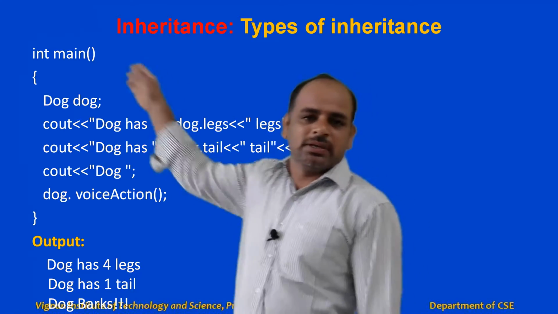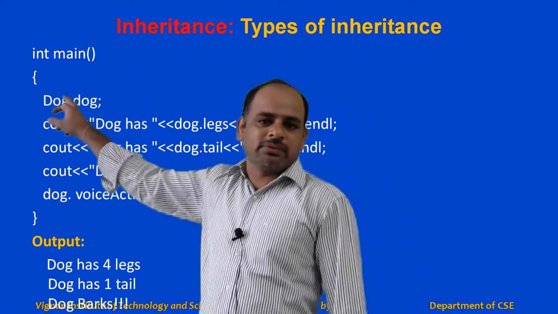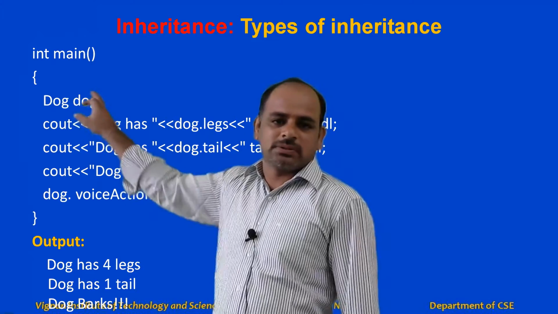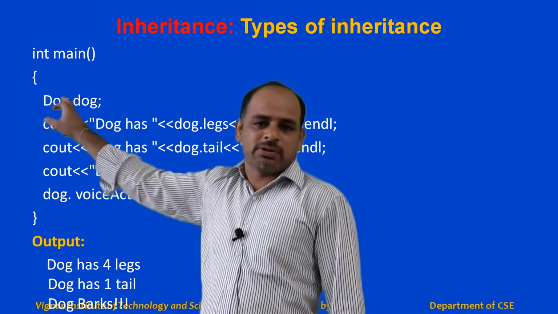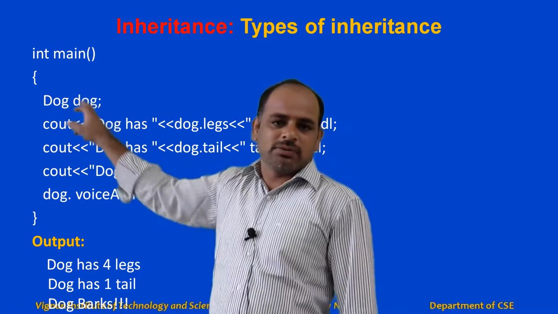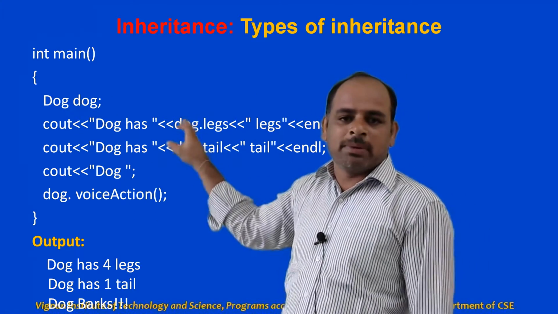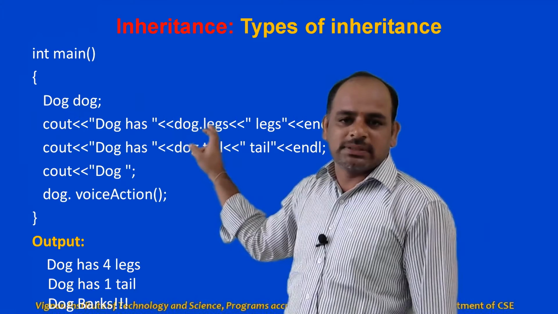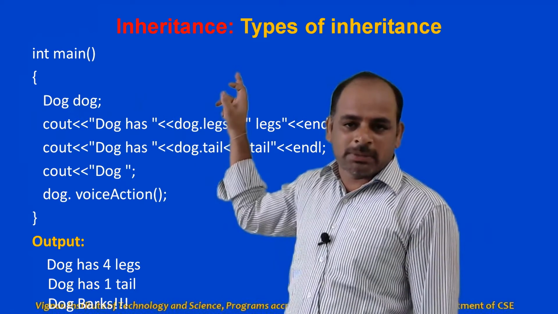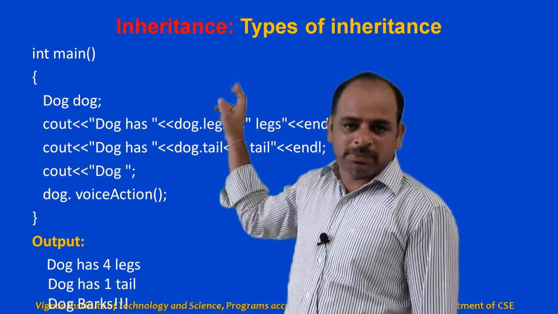Now you can see the main function. In the main function, you are creating only a dog object. Dog is the derived class, not the parent class. The parent class is animal, dog is the derived class. You are creating only a dog object, and you are trying to access the members of the animal class. Legs are public members of the animal class. Tail is a public member of the animal class.